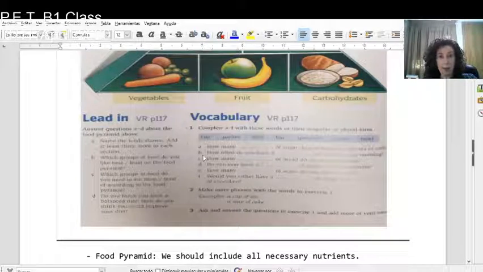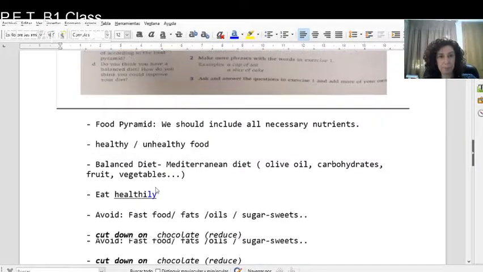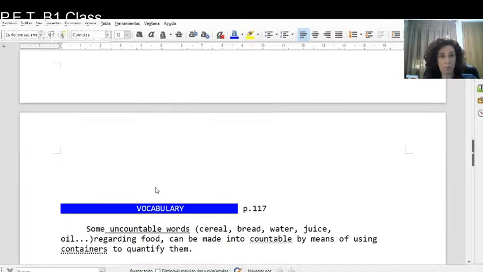And different sentences where you should take into account which containers or which words could be used in each sentence. Regarding food: sugar, cereal, bread, coffee, water, crisps, or chocolate. We are going to deal with vocabulary.